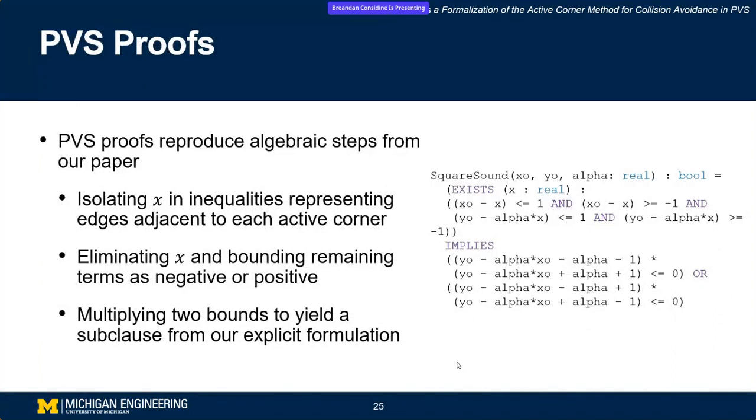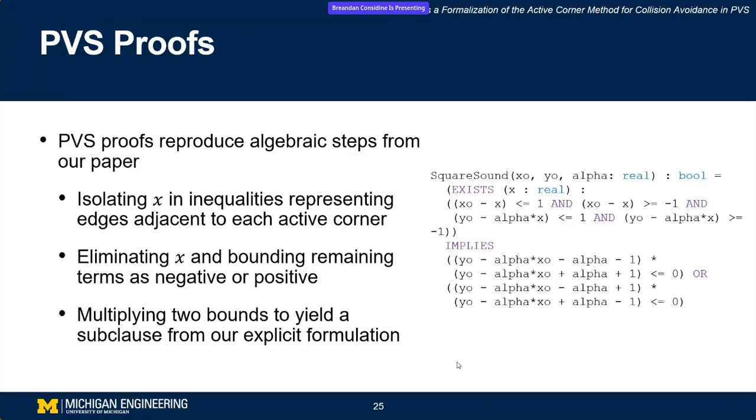So this is an example of one of the lemmas that we've proven. This is the soundness direction for a square. Like I said, we want to represent the polygon as inequalities in the plane, and we want to prove that you can indeed get this output explicit formulation from it. What we do is isolate x in these inequalities. There's x's here, there's no x's there, just y0s and x0s.